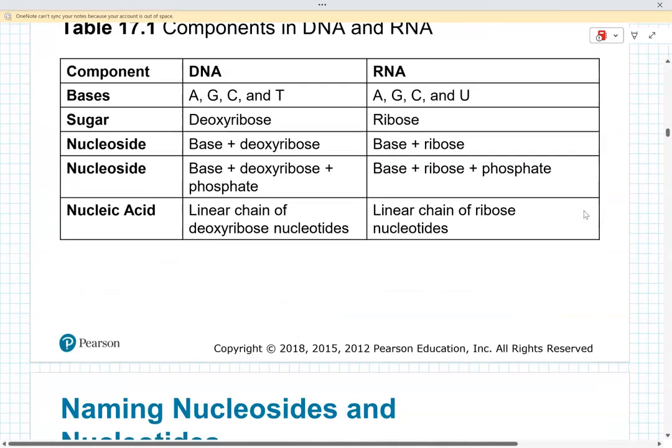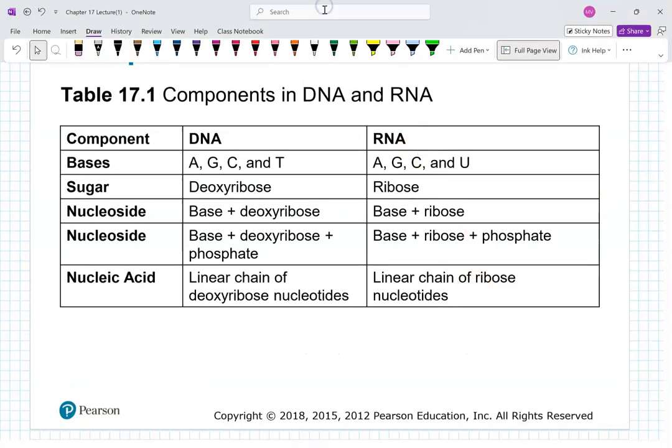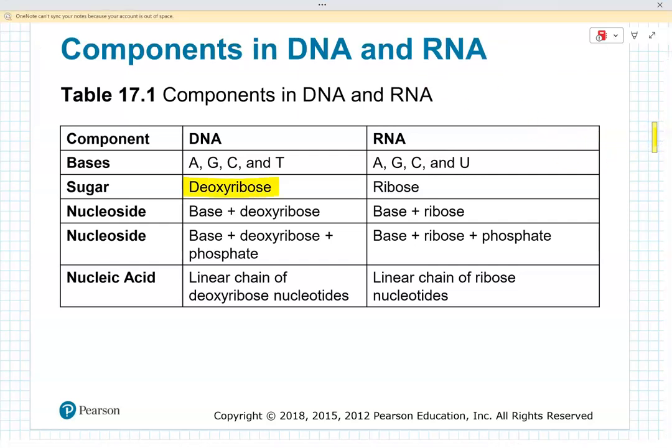So this summarizes the components. I'm going to highlight the differences between the two because other than that, they are very similar. Sugars are different. RNA has uracil instead of thymine. Makes sense? And obviously the difference in nucleotides is going to be sugar. In case of base, it's going to be uracil in RNA and thymine in DNA.